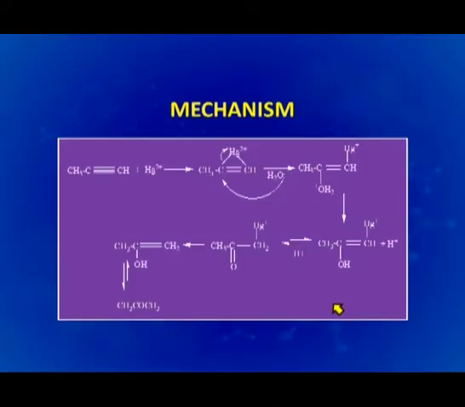So, the mechanism: the first step involves the addition of the mercuric ion with the formation of a mercuric complex, which is highly unstable. Now, the addition of water takes place, and the protonated mercuric complex loses a proton and gives rise to a mercuric enol complex, which further tautomerizes to give a keto-mercuric complex, which loses a mercuric ion and gives rise to ketone.